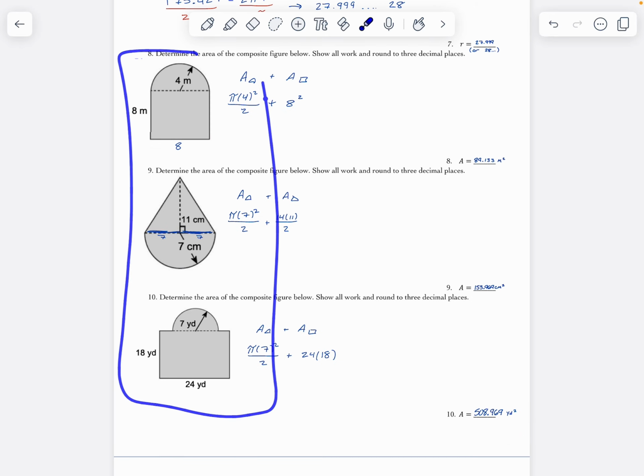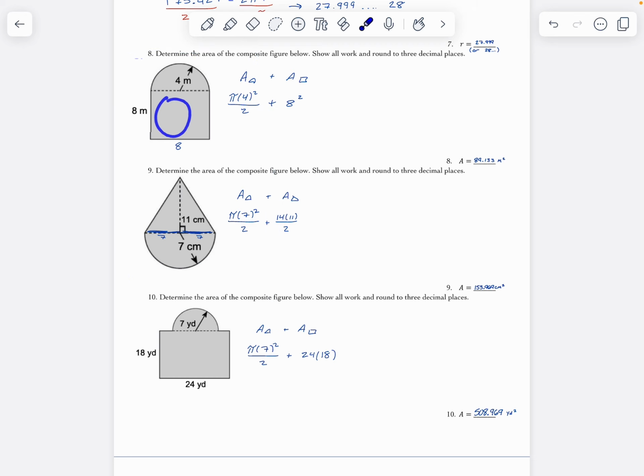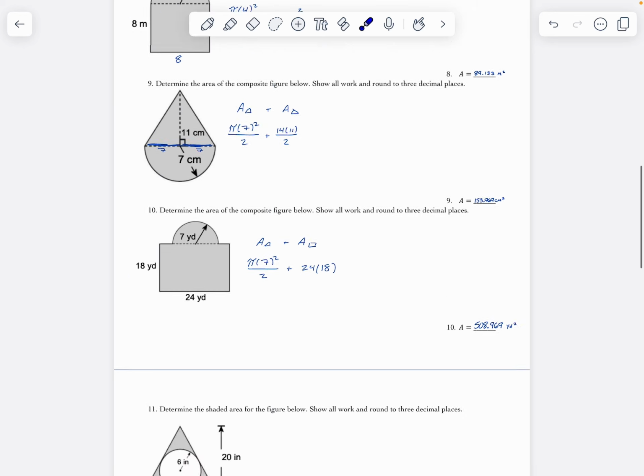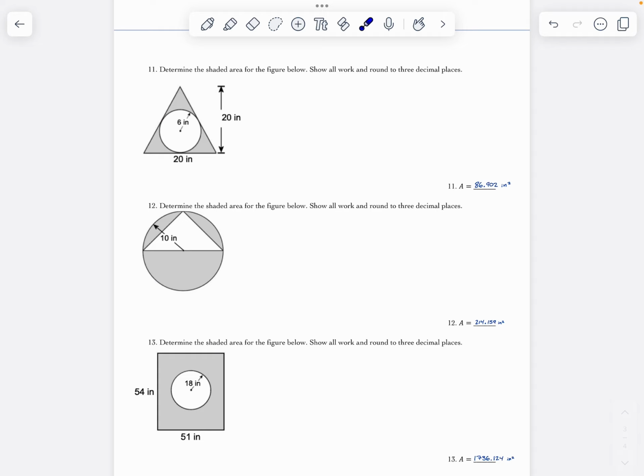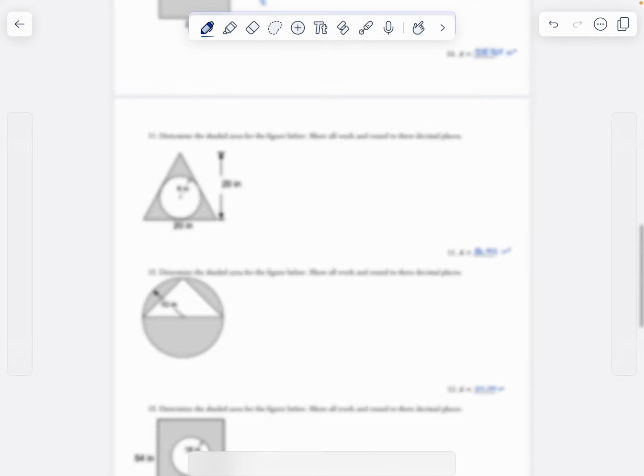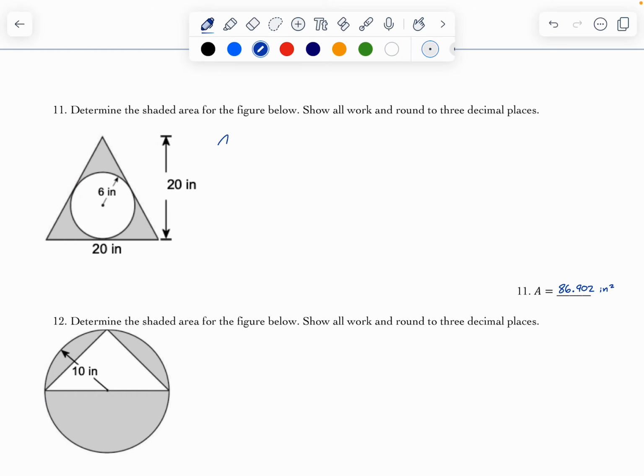Composite shapes. We're adding the areas together. There's not a clear gap. I'm not subtracting anything out. For shaded area, I need to subtract a shape out. I have a larger shape, in this case, my triangle, and I need to subtract the area of that circle.